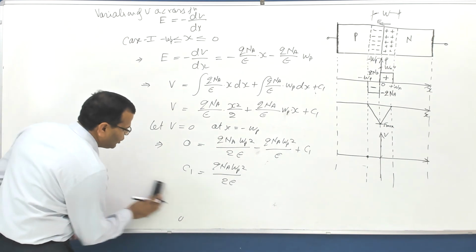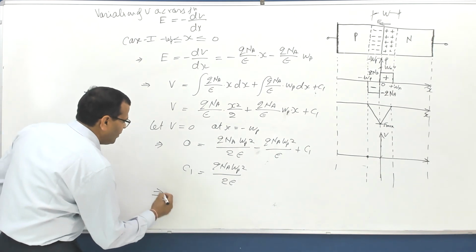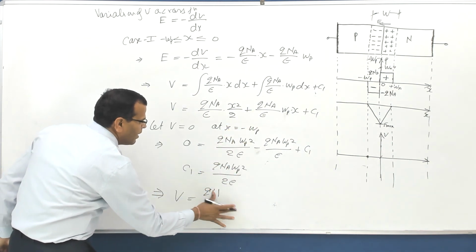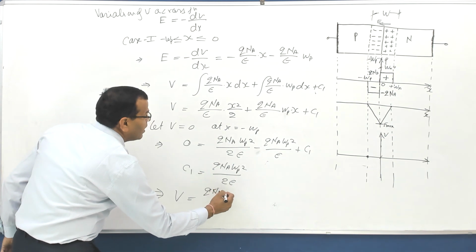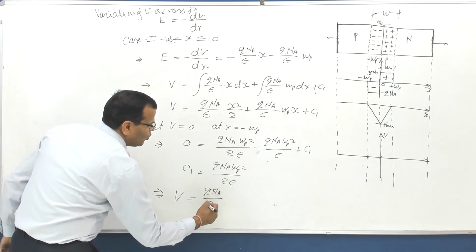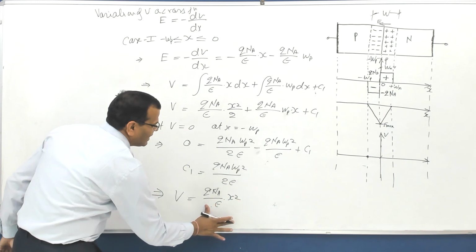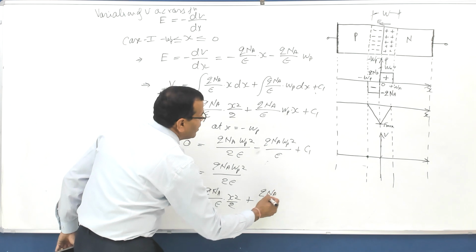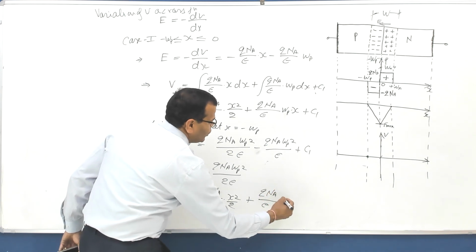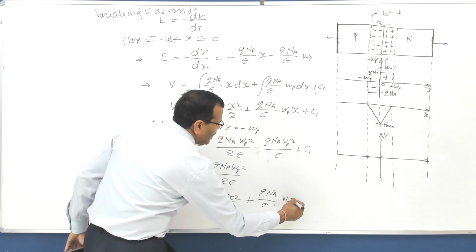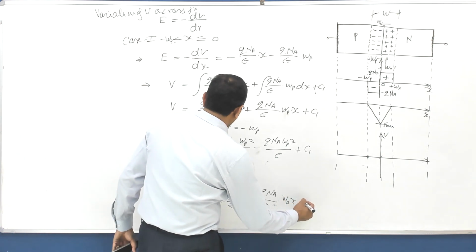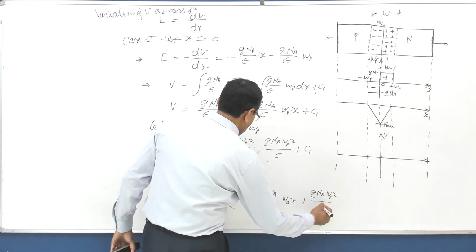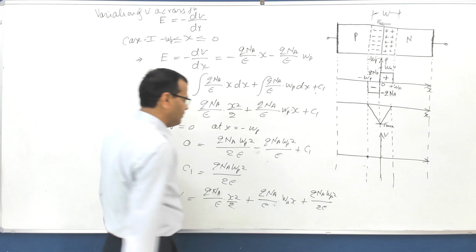So this gives the potential V equal to what? I put this in this equation: q N_A by 2 epsilon into x square, plus q N_A by epsilon into WP x, then plus q N_A WP square by 2 epsilon. That's what you have.